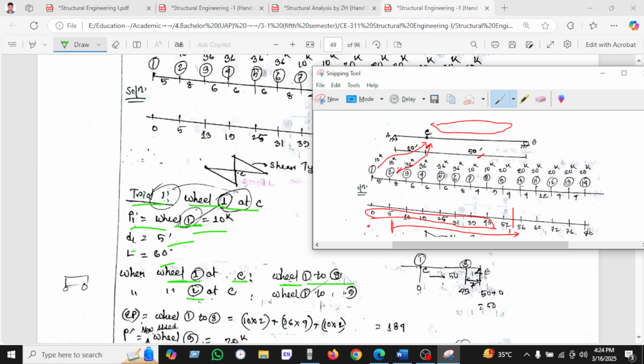I will calculate: if we put this here, the position is here, 5 feet is put at C. So how far can we go if 0 equal to 5, then 50 equal to what? 50 equal to 55.